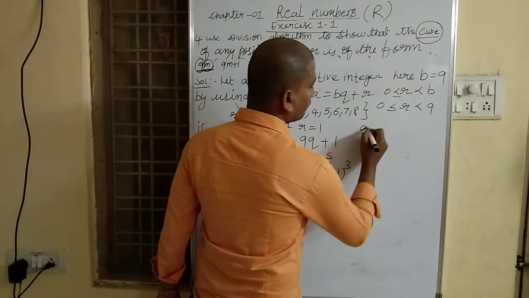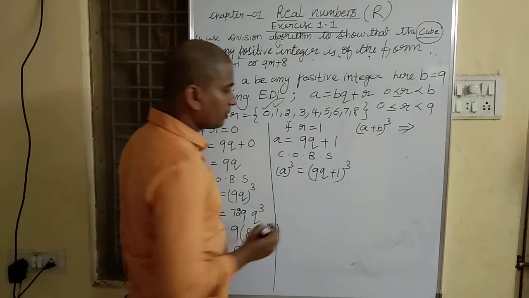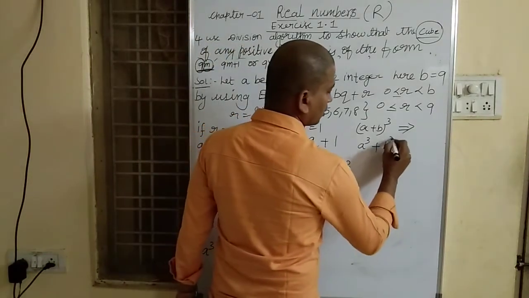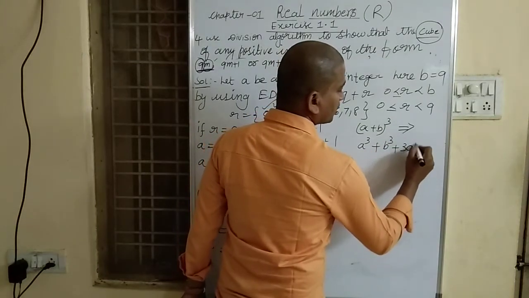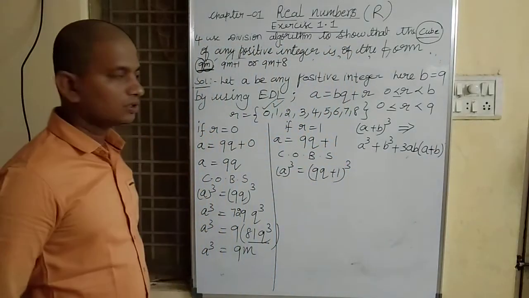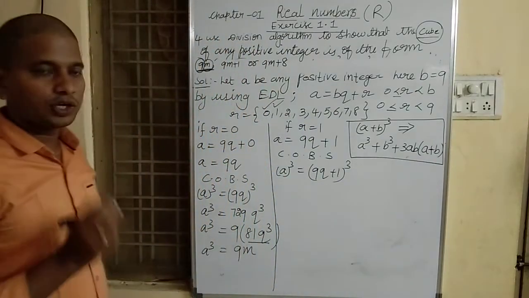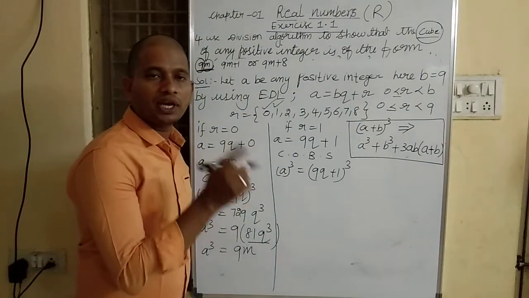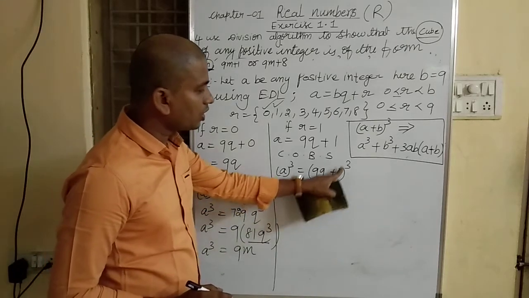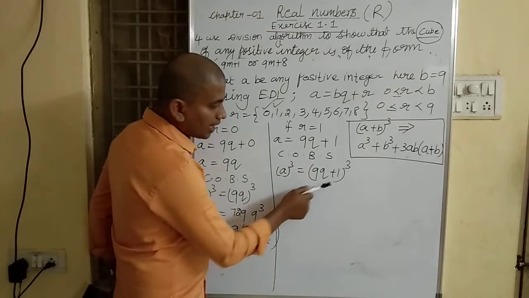We have the formula: a plus b whole cube equals a cube plus b cube plus 3ab into a plus b. Here the value of a is 9q, the value of b is 1.